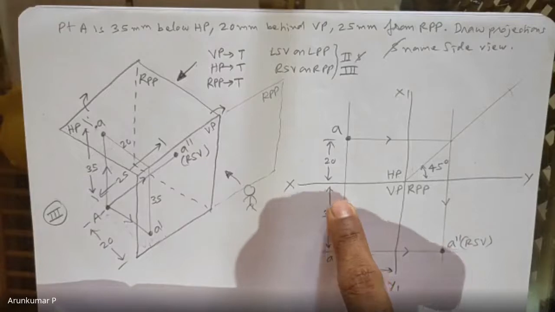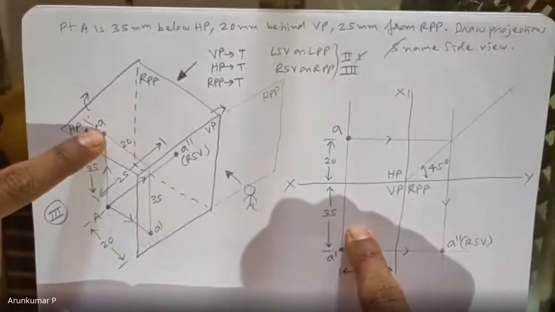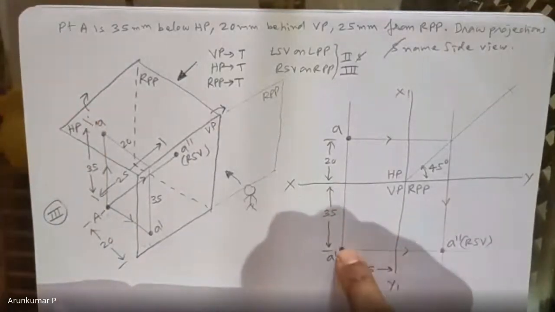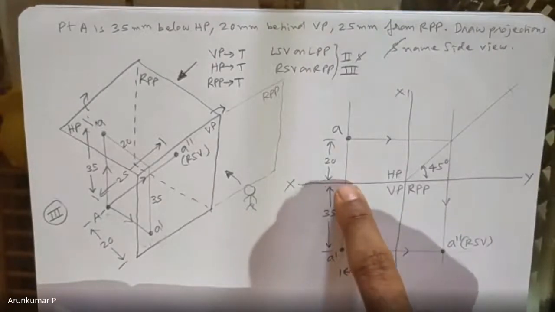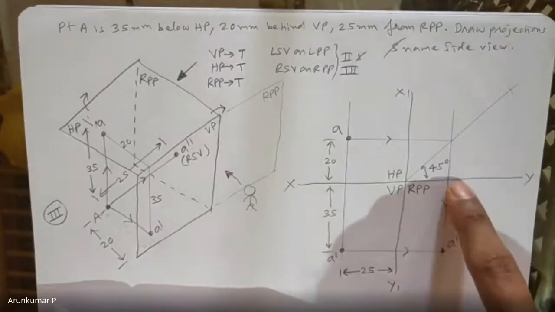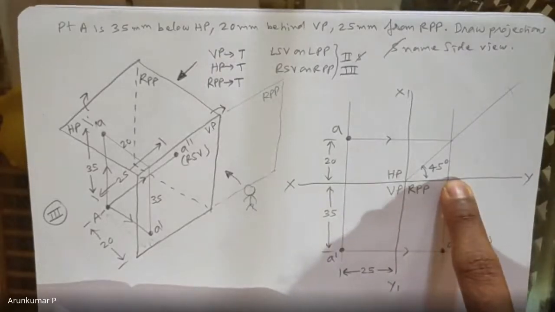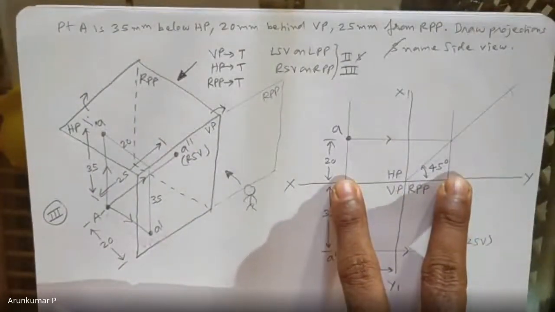When you make this 35 mm 0, then the point will be on HP. So the top view and the point will be at the same location. So in this case, when you make 35 0, A dash will be on XY line. A double dash also will be on XY line. So both these points will come on XY line in this particular problem.